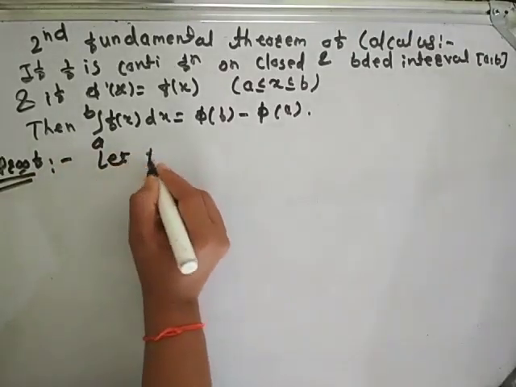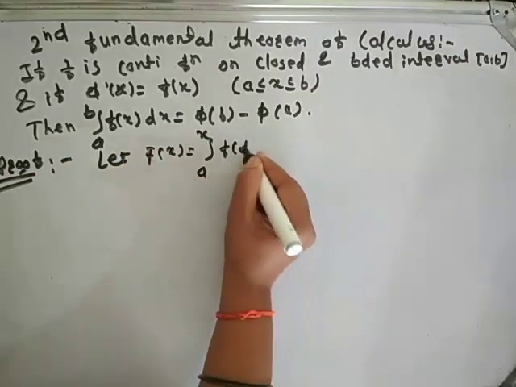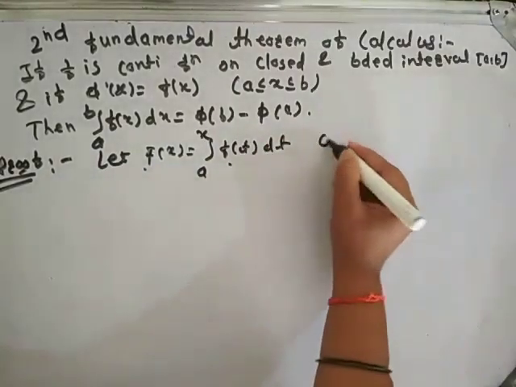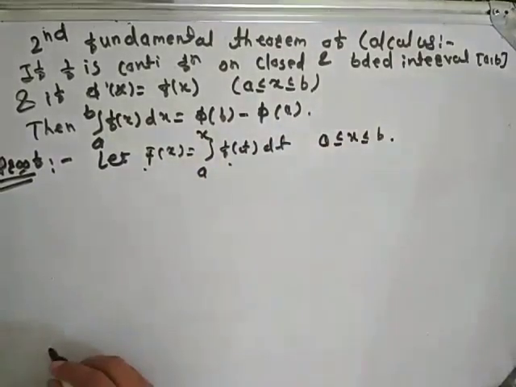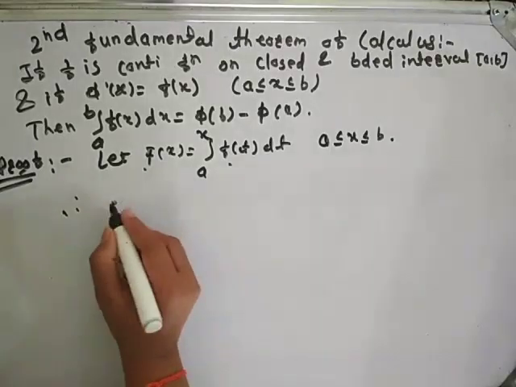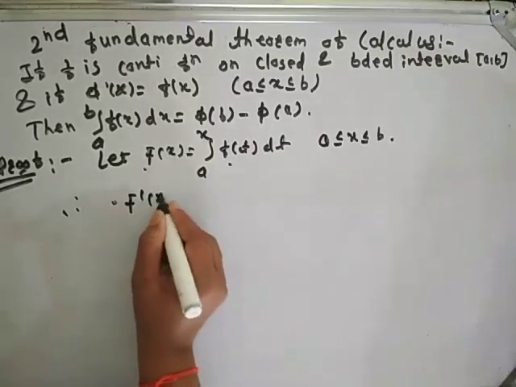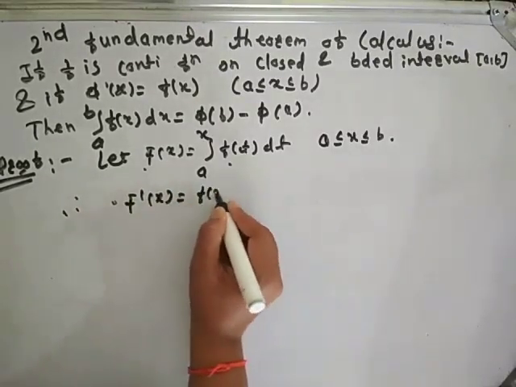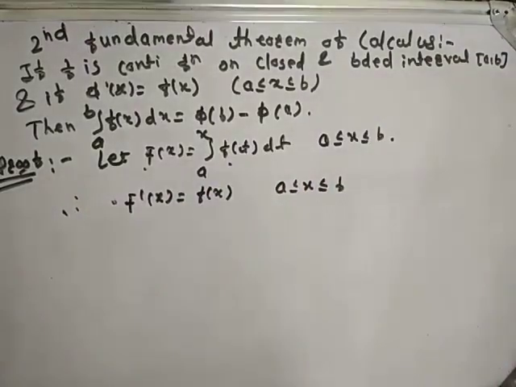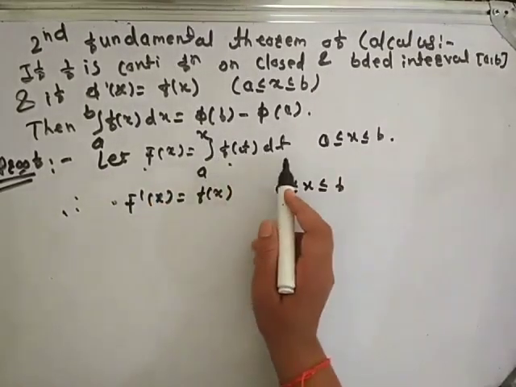let capital F of x be equal to integration from a to x of f of t dt. This F is capital and this f is small. Here a is less than or equal to x is less than or equal to b. Therefore, F dash of x is equal to f of x.